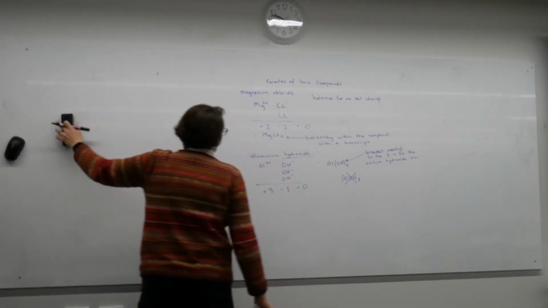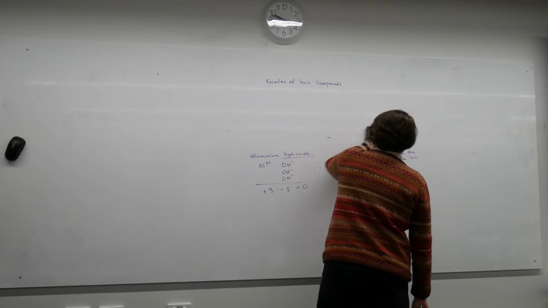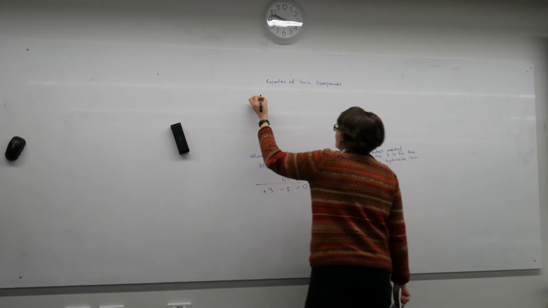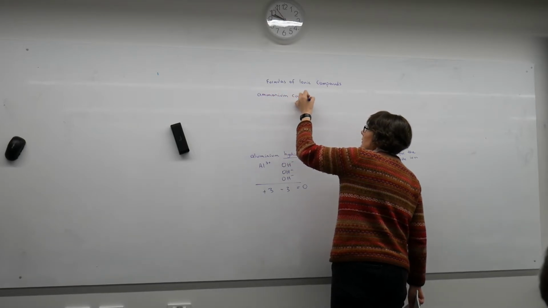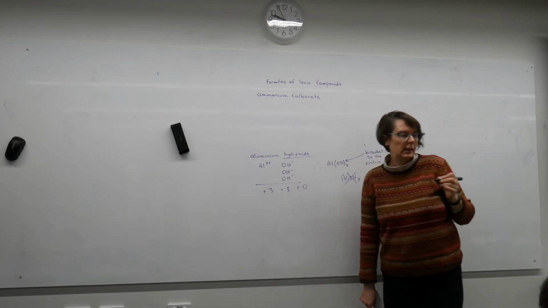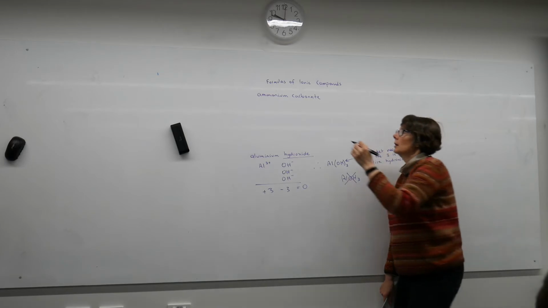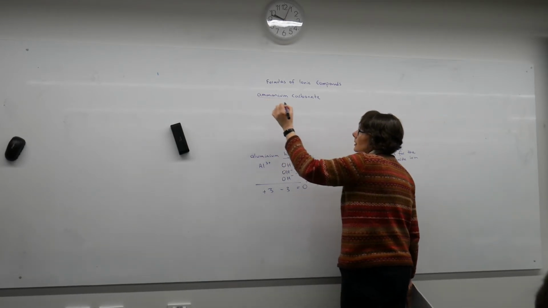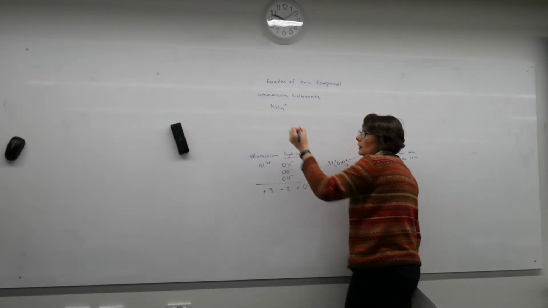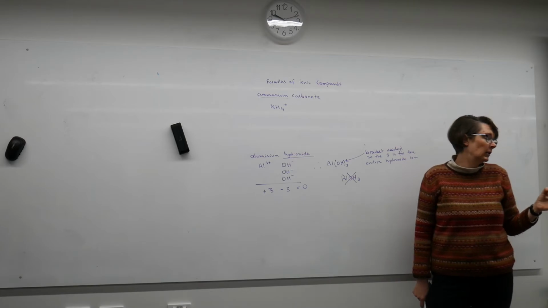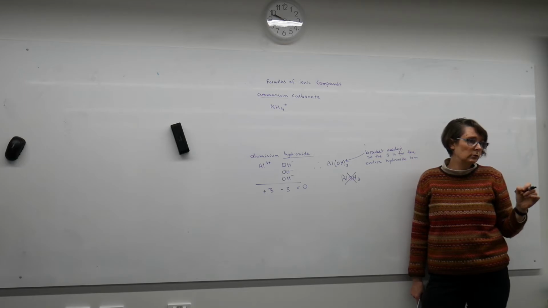Let's look at another one. So if I have ammonium carbonate. Same thing, I'm going to look up ammonium on my table of ions, the whole thing. And I can see that this is an unusual cation because it's a complex ion made up of non-metals.